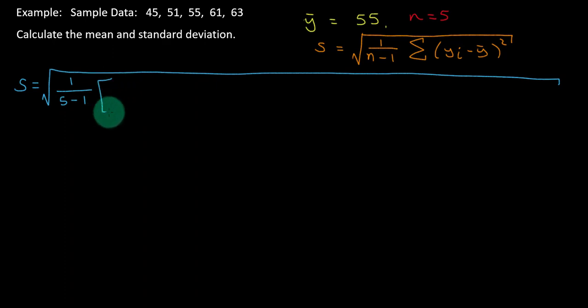Then the bulk of the work, the sum of squares: we're going to take each value of our data set and subtract the mean of 55 and then square that subtraction. I'm going to go ahead and do that for the next values in the data set.